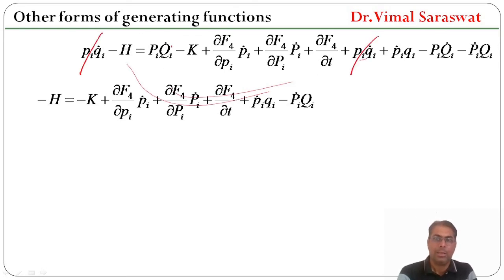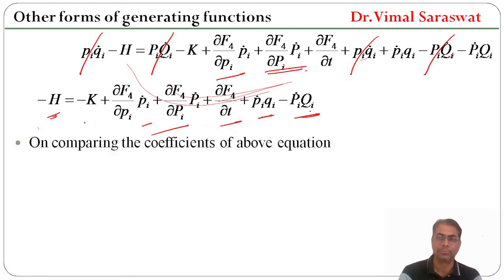Also, capital Pi Qi dot and capital Pi Qi dot cancel out. So, the remaining terms are minus h equals minus k plus del F4 by del Pi into Pi dot plus del F4 upon del capital Pi into capital Pi dot plus del F4 by del T plus small Pi dot Qi minus capital Pi dot capital Qi.